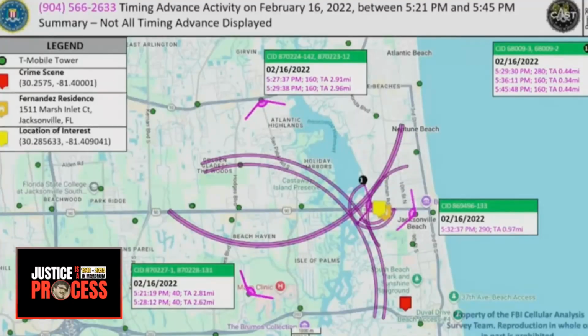And in this particular slide, what are we seeing in terms of this data? What does it indicate?